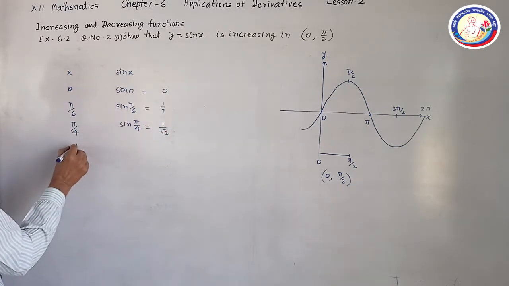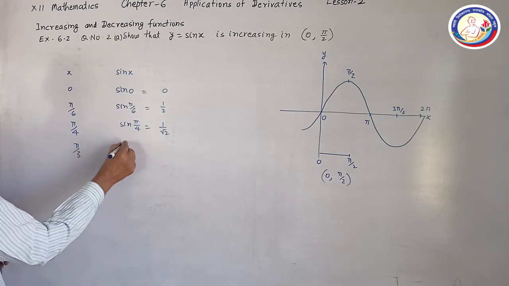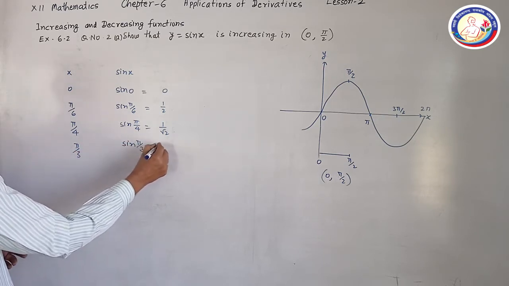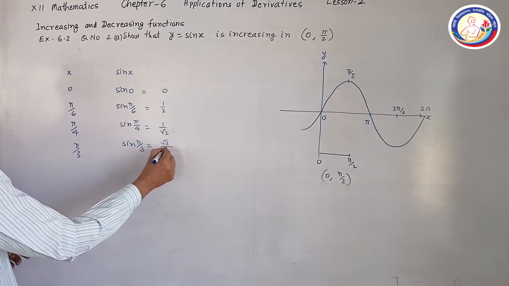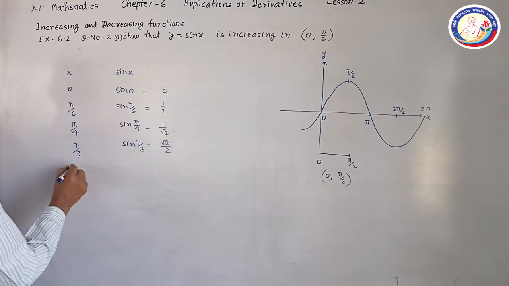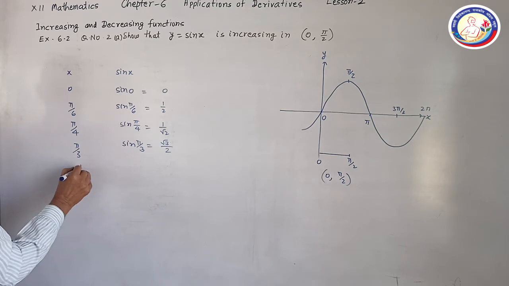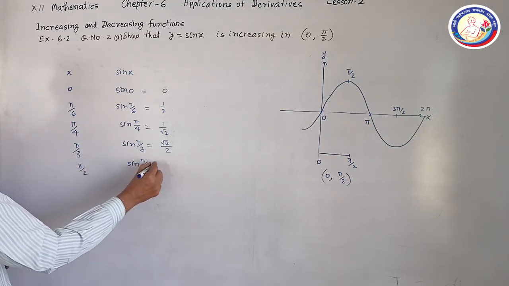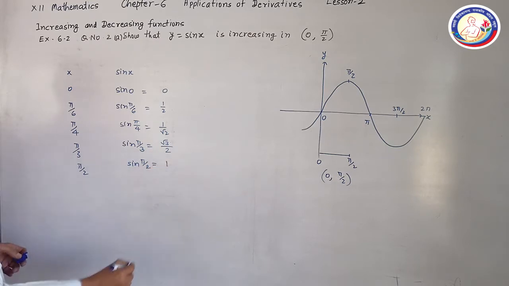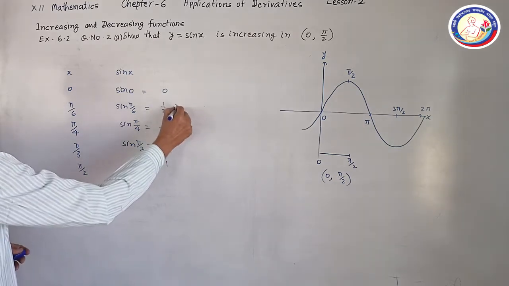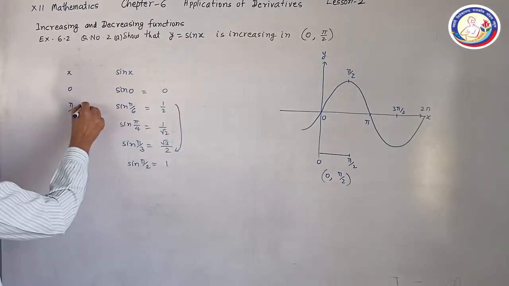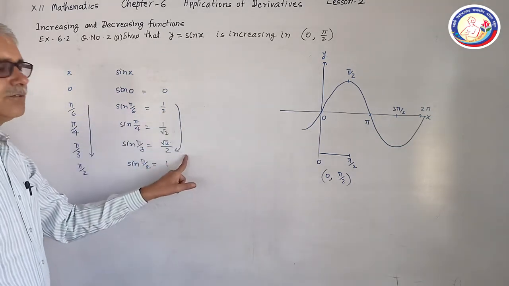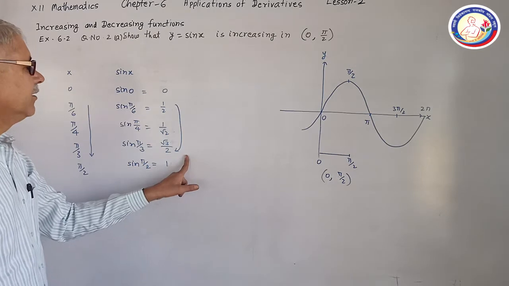Again, if we take pi by 3, root 3 upon 2. And pi by 2, then sine pi by 2 is 1. So if the value of x increases, the value of function is also continuously increasing.